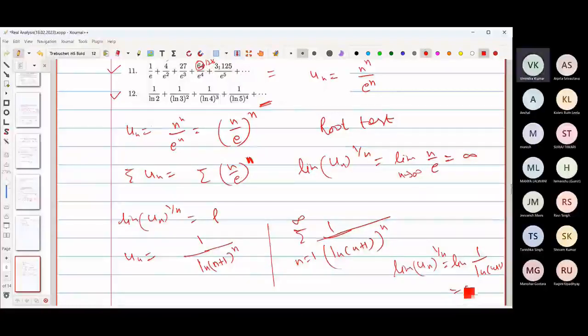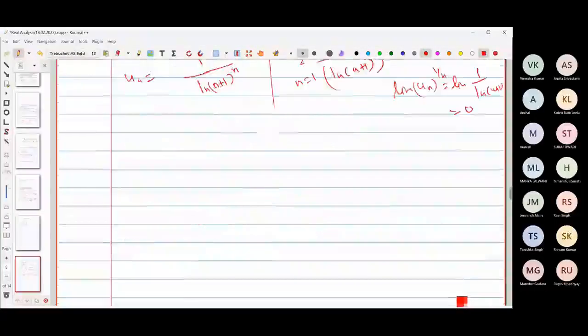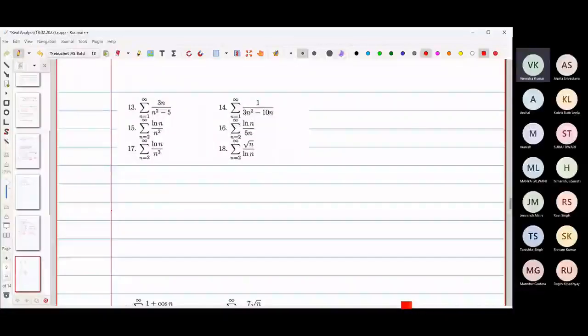This is going to be 0, and 0 is less than 1. Yes sir. So how is the series? Convergent. It will be convergent. Yes. Okay, what about this third question, number 13?